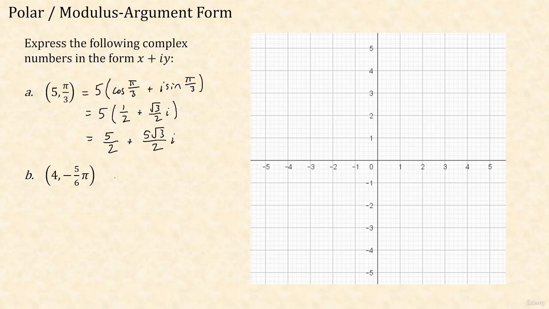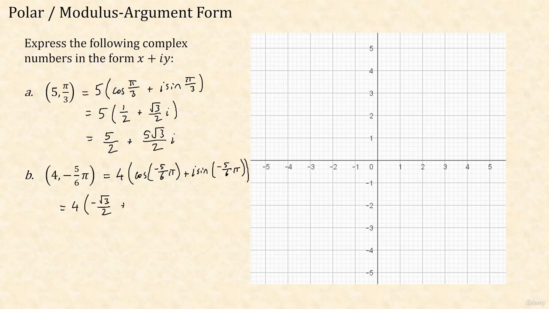How about this one? Well, we do the same thing here. The modulus is 4, and the argument is minus 5/6 pi. So that's 4 times cos of minus 5/6 pi plus i sine minus 5/6 pi. And we just need to work out what's going on in the bracket there. So cos of minus 5/6 pi is minus root 3 over 2.